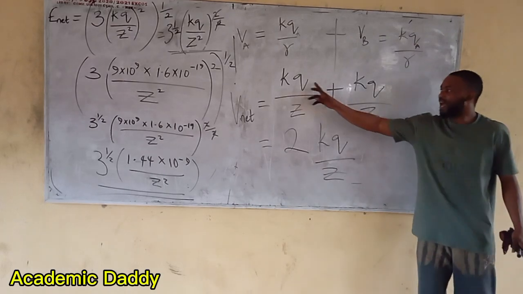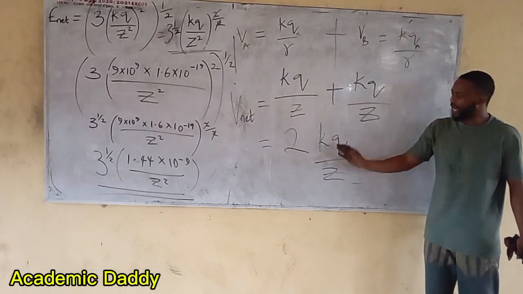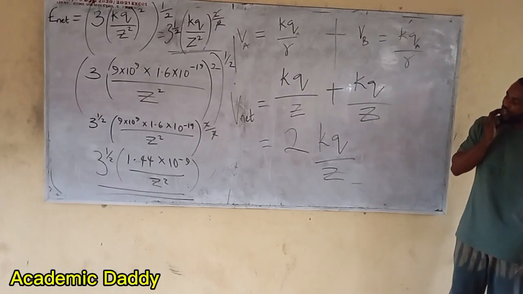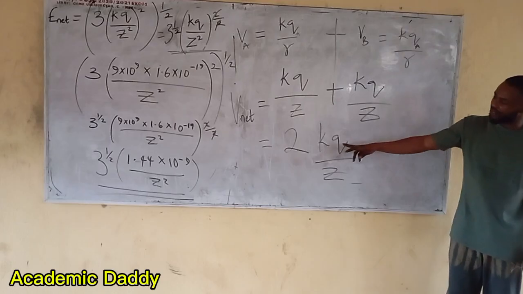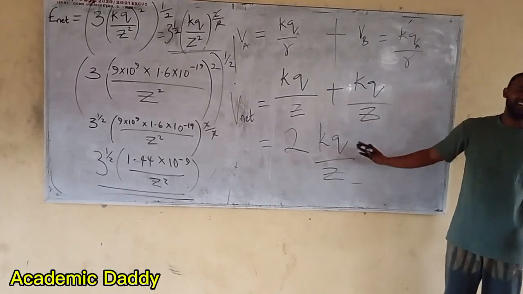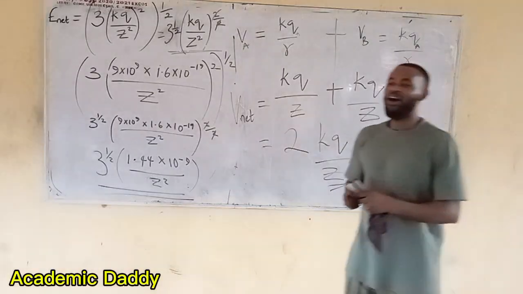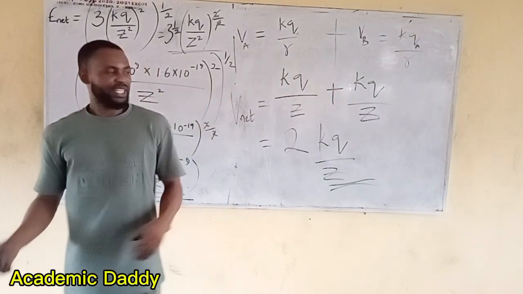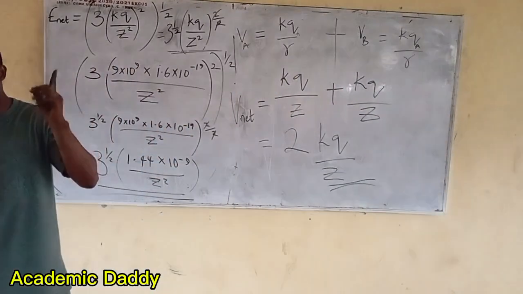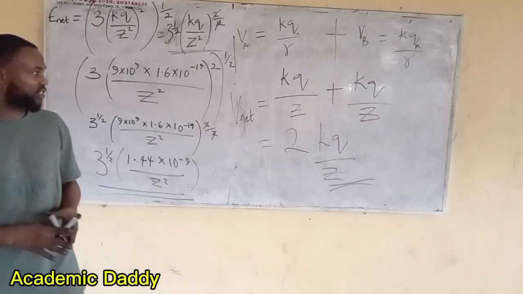So everything here will just add up and you get this. That is it. So if you want to solve further, you can. Okay, so that is the potential for the first case. Let's quickly rush the second one.